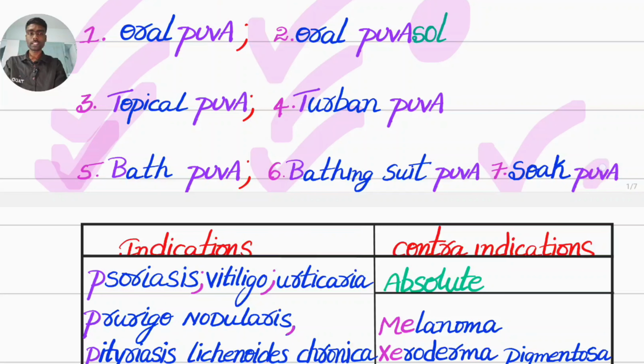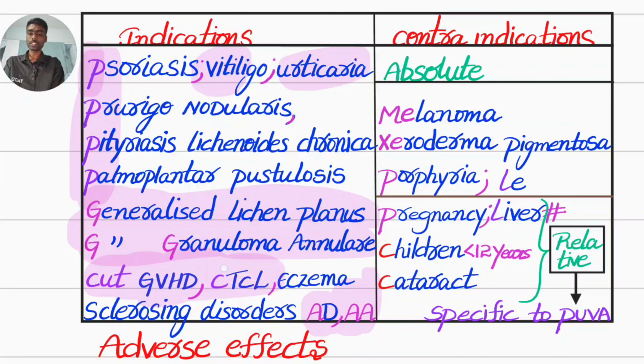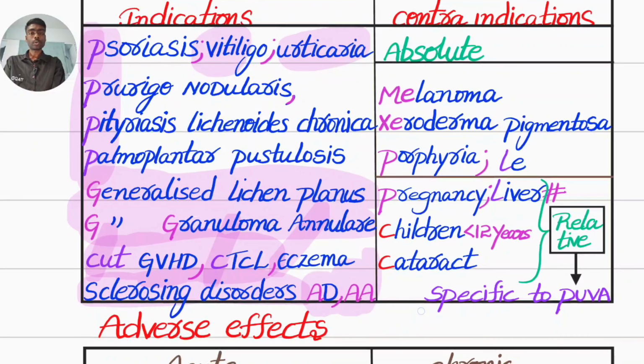Generalized lichen planus, generalized granuloma annulare, cutaneous graft versus host disease, cutaneous T-cell lymphoma, eczema, sclerosing disorders. All these are indications for both. We can apply it for PUVA and narrowband UVB, no problem. We can write for both.